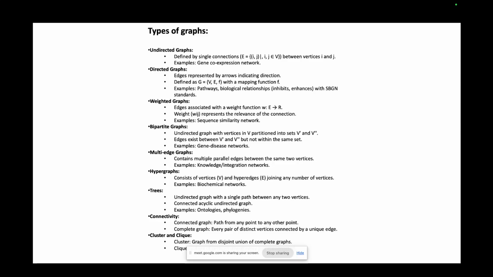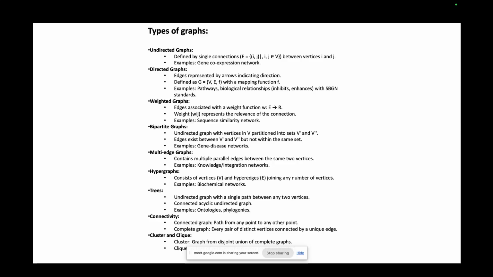This can be gene regulatory networks as well, where each of your nodes will be different genes or transcription factors, and connections between these nodes will depict a relationship or some sort of regulation or interplay between these two different genes or transcription factors.